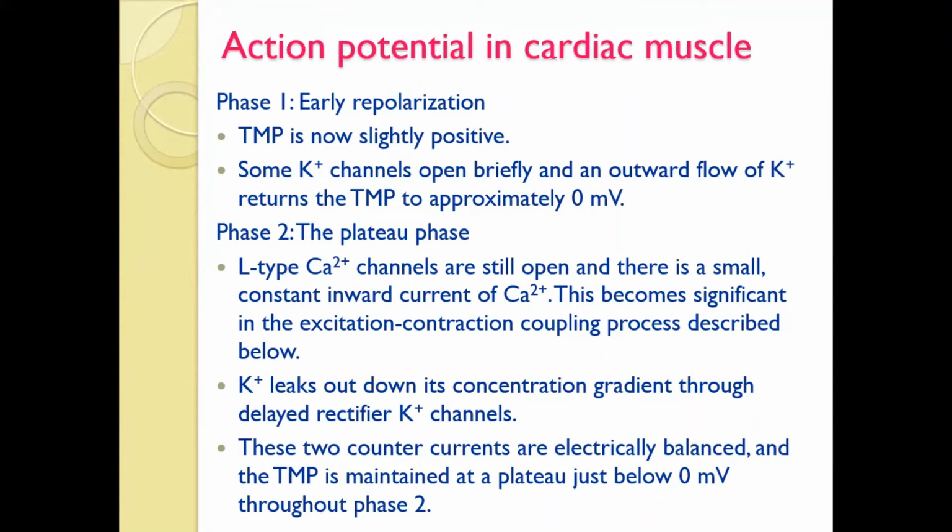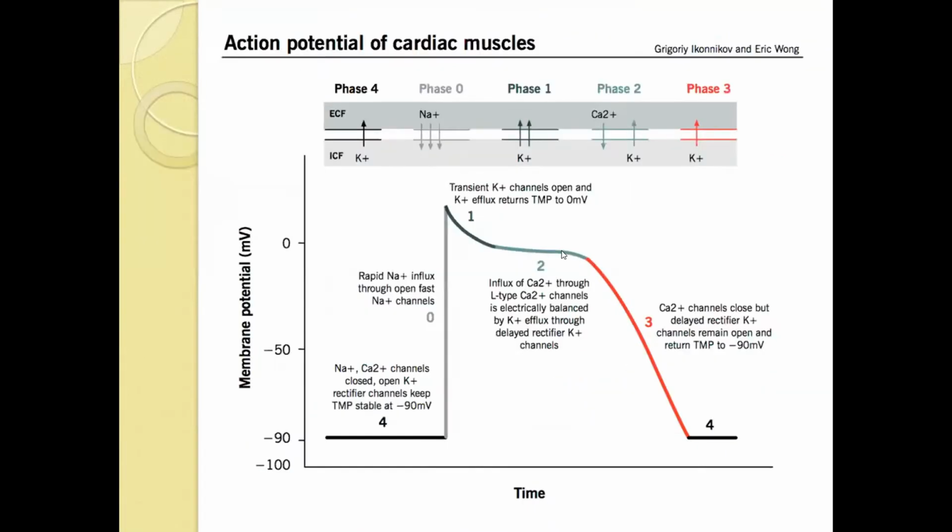Potassium leaks out down its concentration gradient. The currents are electrically balanced, so the TMP is maintained at a plateau, just below 0 millivolts throughout phase 2. During the plateau phase, there is contraction of the cardiomyocytes.